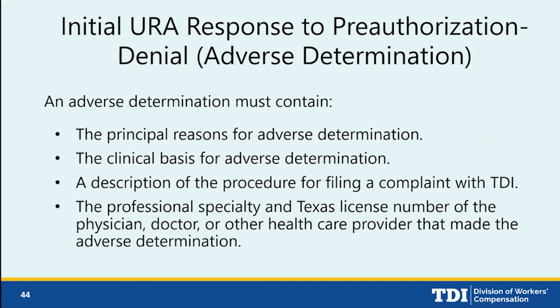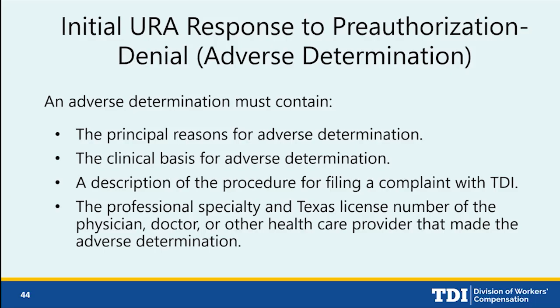So if you are issued an adverse determination, which means denial, it must include certain pieces of information that are going to be helpful to you if you are going to pursue an appeal afterwards. And for the patient also, because they're going to need to know the reasons why the adverse determination was issued on that pre-authorization request.